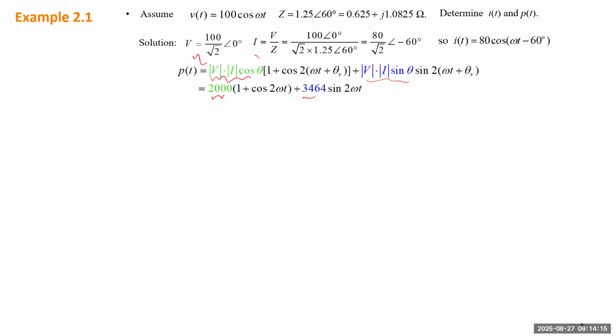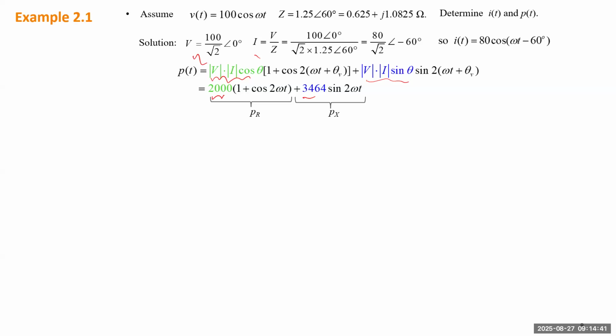Here there's a 2000, which tells the variation of the first item, and 3464 is the variation of the second item. We call the first one PR and the second one PX. There's a reason: R and X indicate the resistance and the reactance of the circuit for the load.